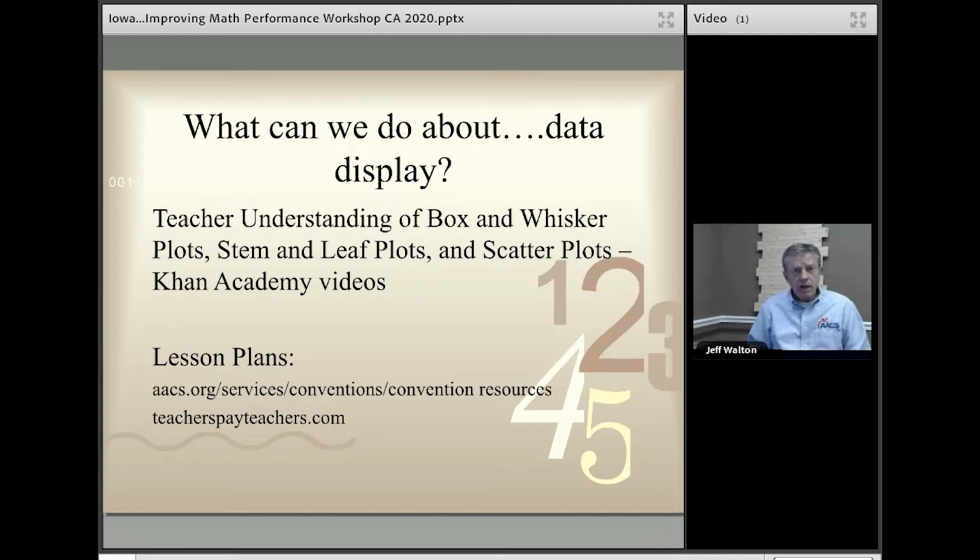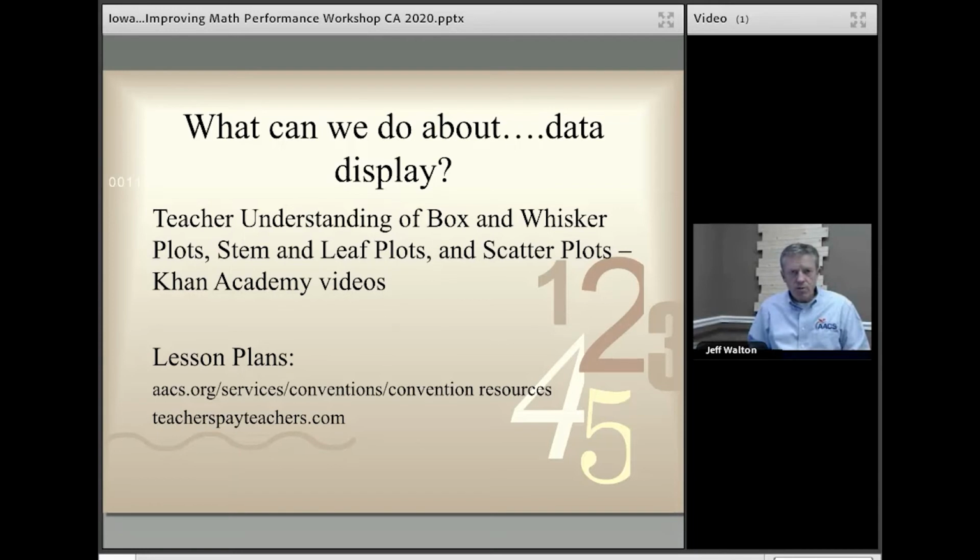I reviewed the textbooks from 5 different publishers that are used at AACS member schools. 3 of those publishers covered all 3 of these data displays in grades 4, 5, and 6, not necessarily at the same grade, but they covered all 3 types. One of them covered 2 of the 3, and one of them covered none of the 3.